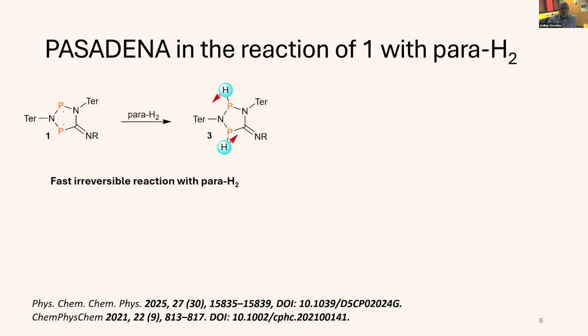The activation of parahydrogen by such 5-membered biradicaloids is an irreversible process. Here is an example of biradicaloid 1.